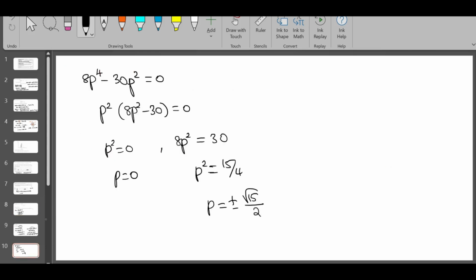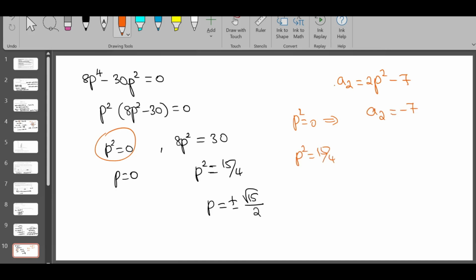Okay. So now you write A2 is equal to 2p square minus 7. When you take p as 0 or p square as 0, A2 is minus 7. When you take p square as 15 over 4, this value, A2 is 2 times 15 over 4 minus 7.